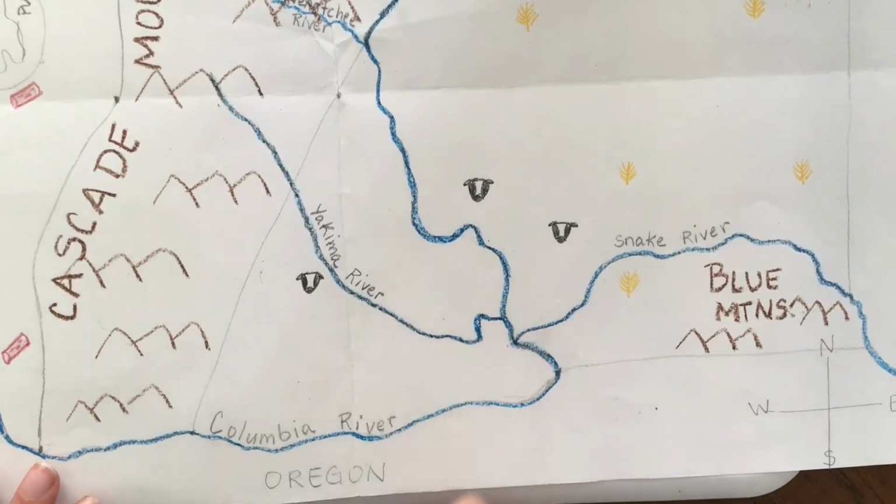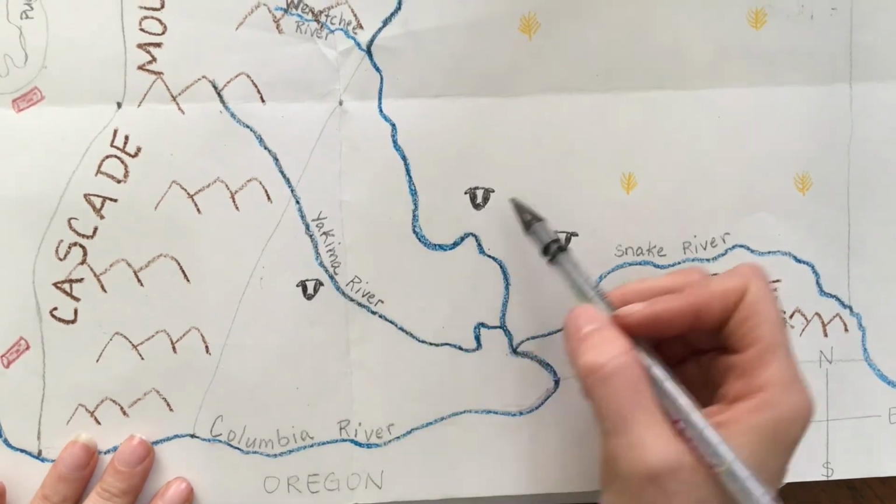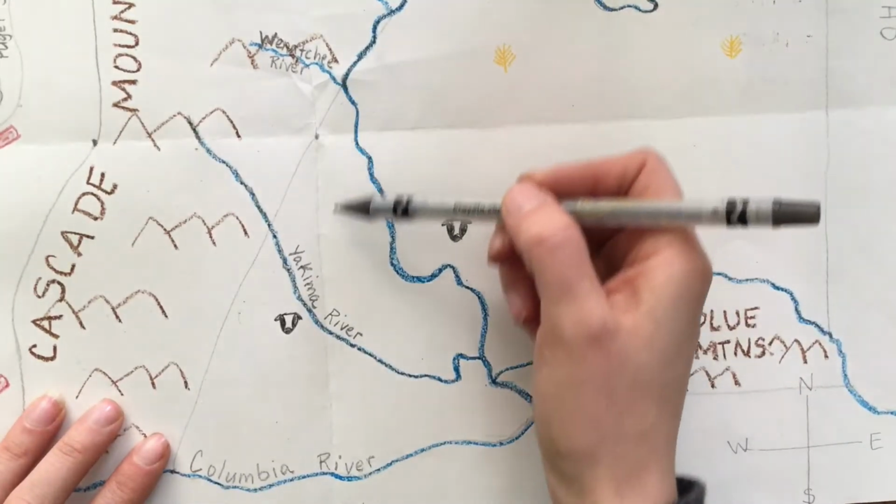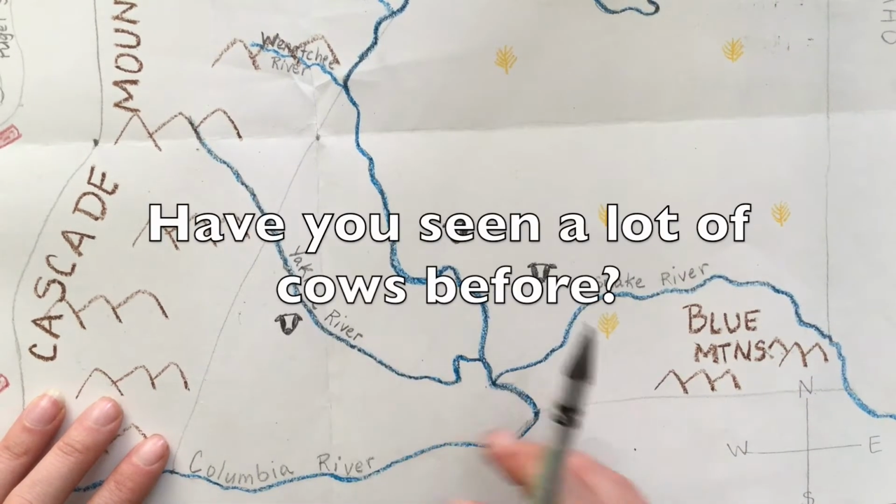Double check that you have included all 5 areas of the state that have a large dairy or beef industry. When you've gone south to Yakima, have you seen a lot of cows?